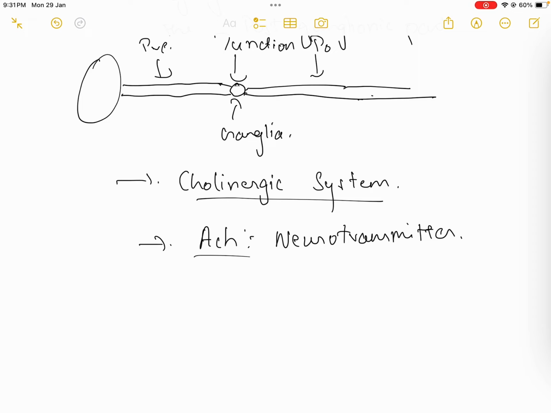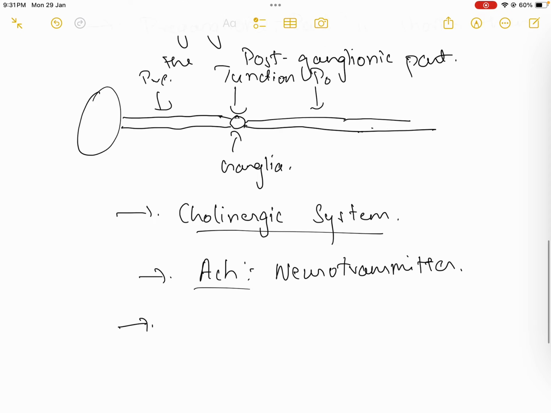The reason is that the neurotransmitter present in both the preganglionic part and the postganglionic part is acetylcholine. In terms of neurotransmitter, we can name it the cholinergic system, as both preganglionic and postganglionic parts secrete acetylcholine.